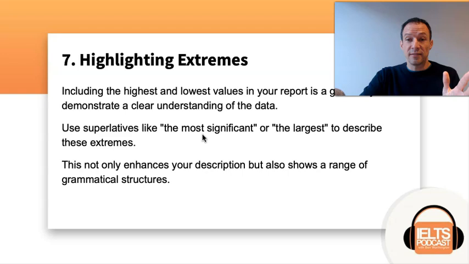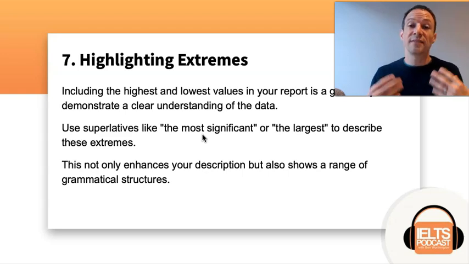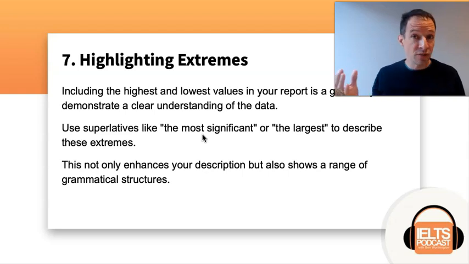And it also is an invitation, basically, for us to include the superlatives, the highest point on the chart, the largest section in the pie chart, the final process of the tea production manufacturing system, whatever.